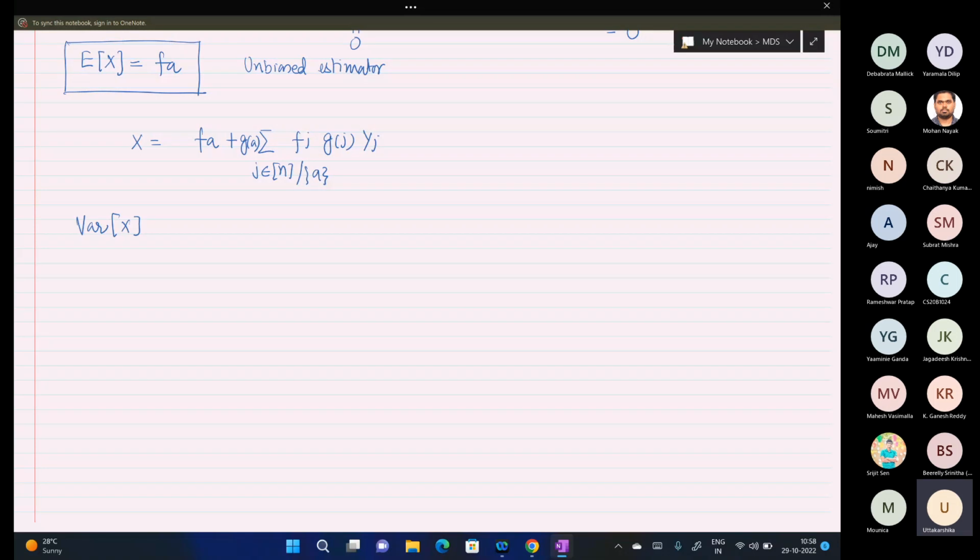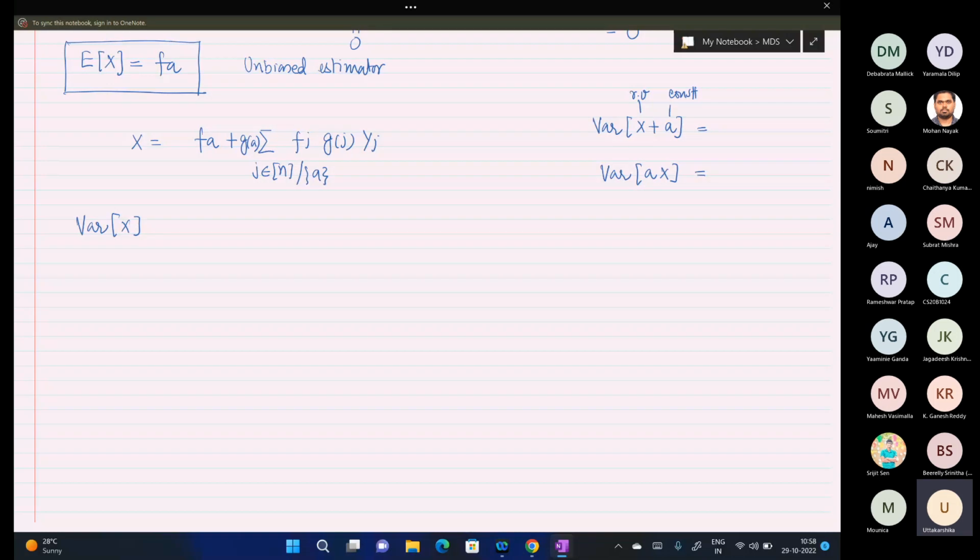We'll use the following property of variance. Suppose X is a random variable and A is some constant. So this is a constant and this is a random variable. What is the variance of X plus A? And what is the variance of A into X?